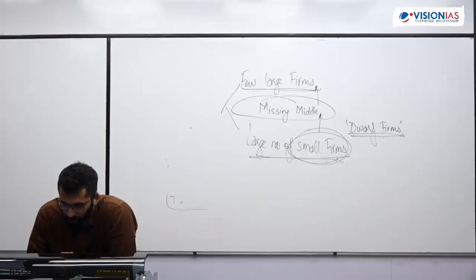Second, greater inequality in distribution of wage per worker, as the wage per worker in the large industries is more than that in the small industries.